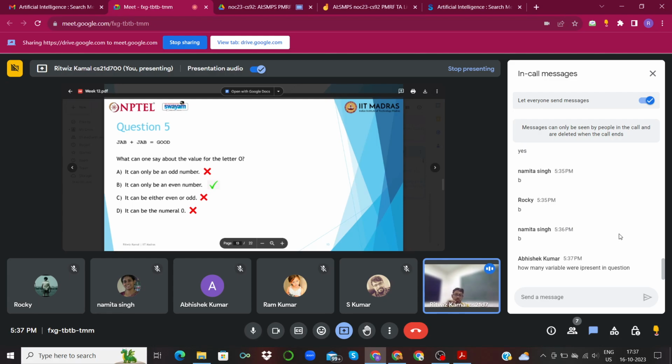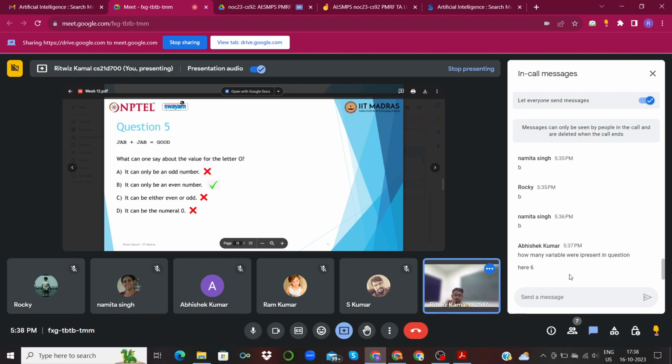So each letter is a variable in this case, and your domain would be the set of numbers from which you can assign each letter a particular number. Here, six essentially, because you have JABGOD. So six.